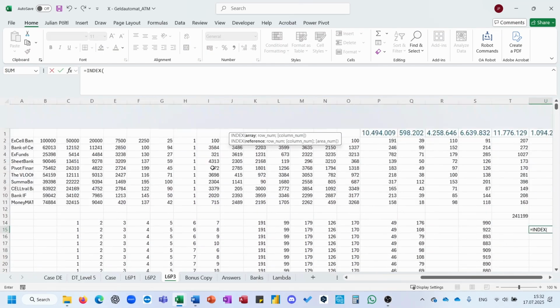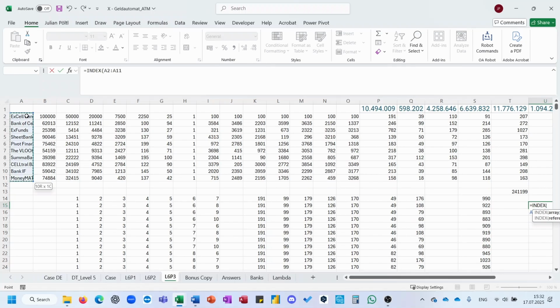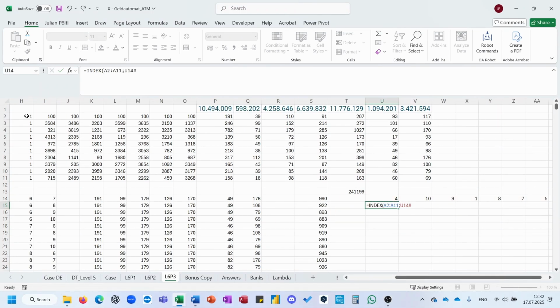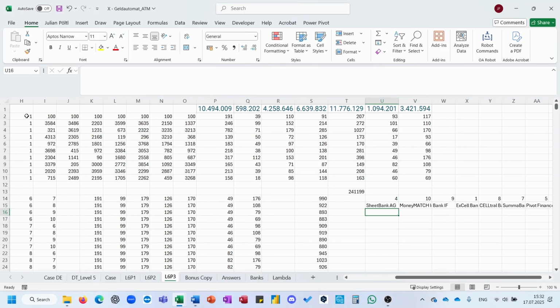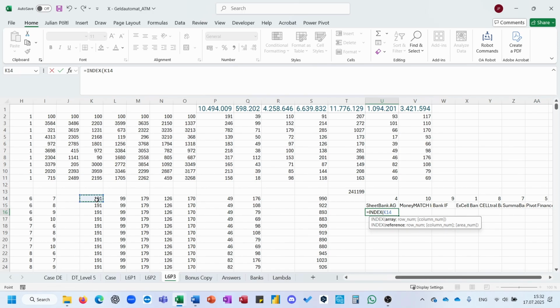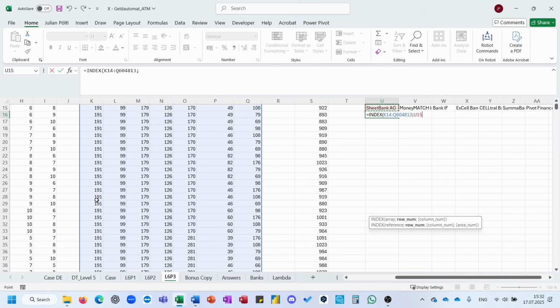Index, bank names. Wow, my machine is getting slow. Super slow. Very slow. Index to get the amount of numbers.